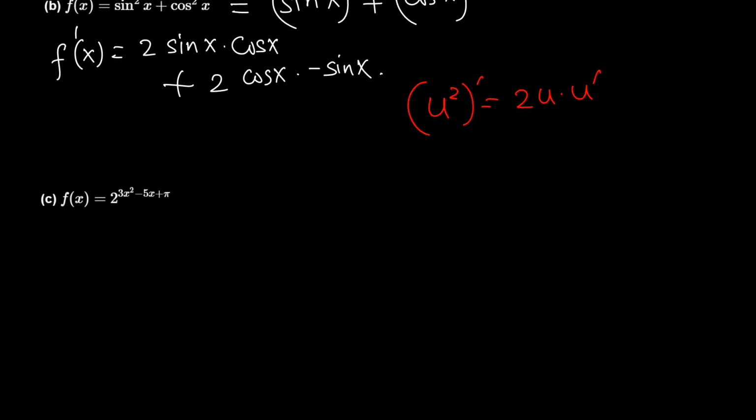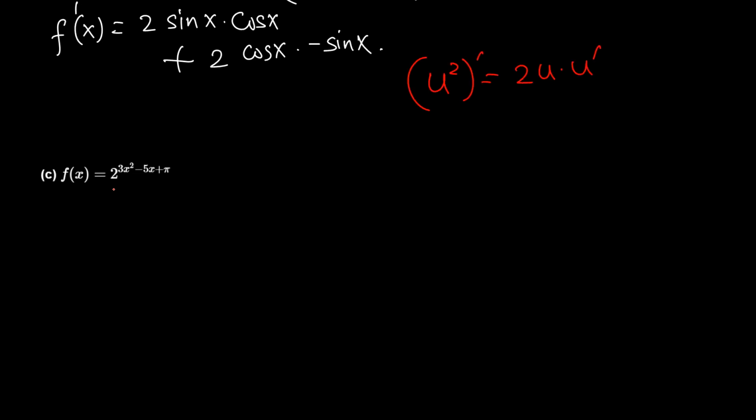In part C, we have the function 2 raised to something. It's like a number raised to some function of x. So this is an exponential function, and when we find its derivative, it is always itself, and we need to multiply by the natural log of the base a, or we can write in the front the natural log of this base times this function itself, times, from the chain rule, because this u is not simply x, it's a function of x, so we need to multiply by u prime.